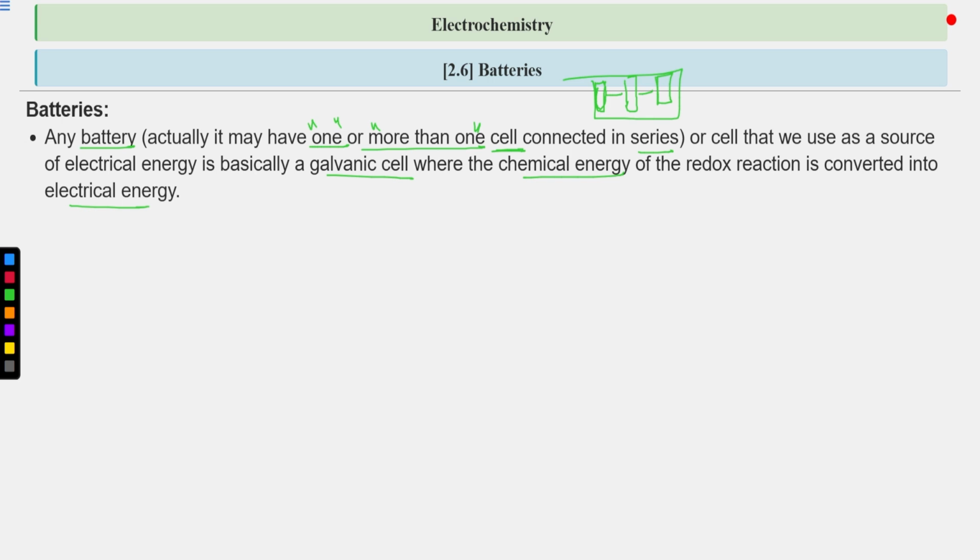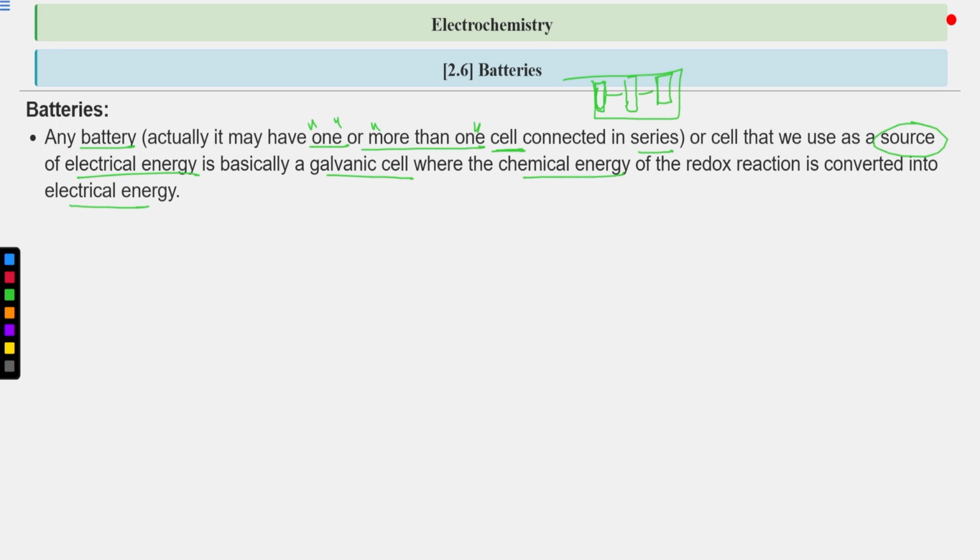Any battery or cell that we use as a source of electrical energy. From the cell we generate electrical energy, and through the cell the current passes, because the electrons are flowing, that's why it is generating electrical energy. This all we have studied, right?